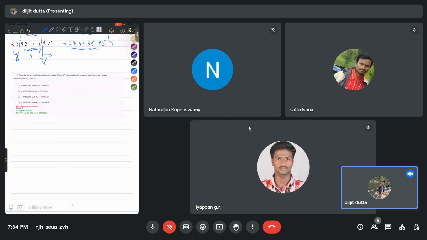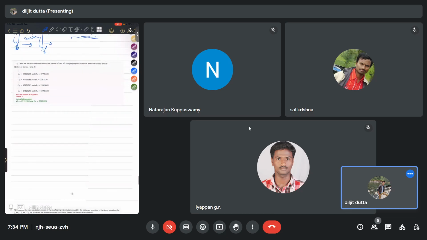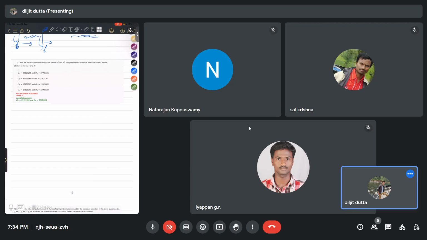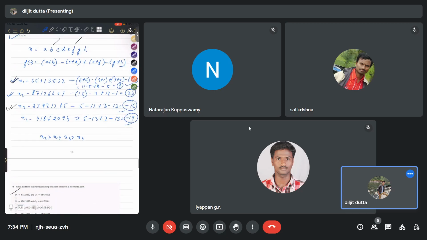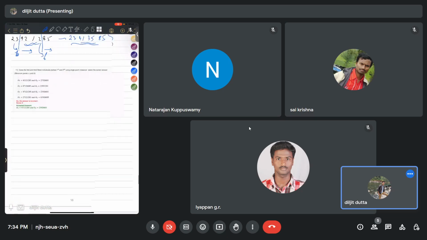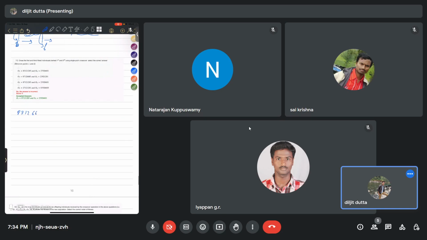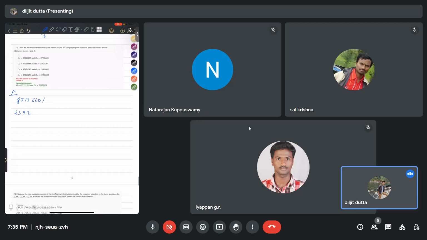Next, cross the first and the third fittest individuals using single point crossover, between points C and D. First is X2 and third is X3: 8712 6601, and the third fittest is 2392 1285.